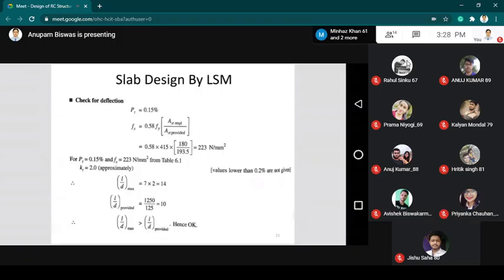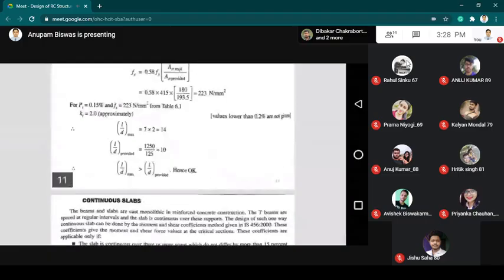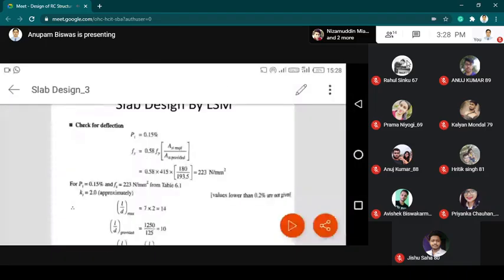So here L by d max is more than L by d. Then all the checks have been done with the requisite minimum value as per the design code.